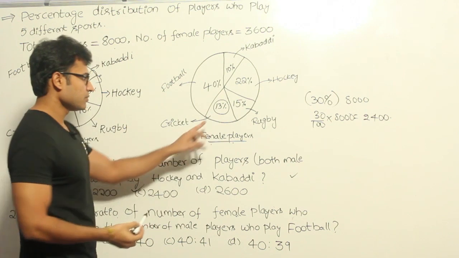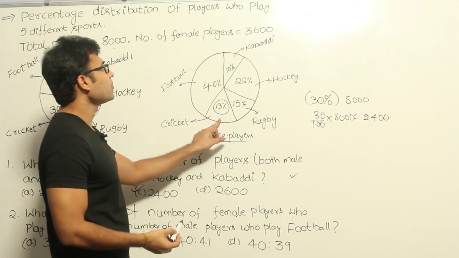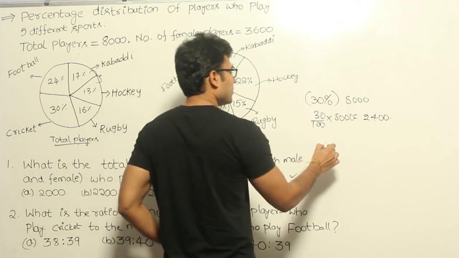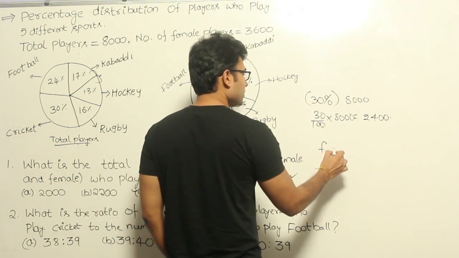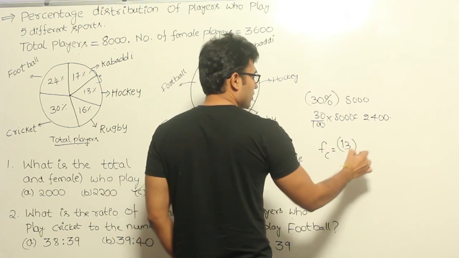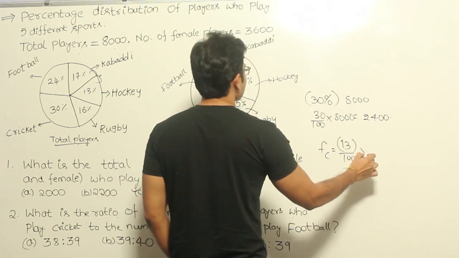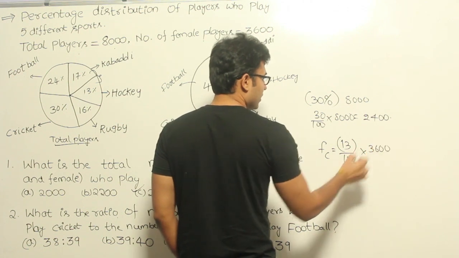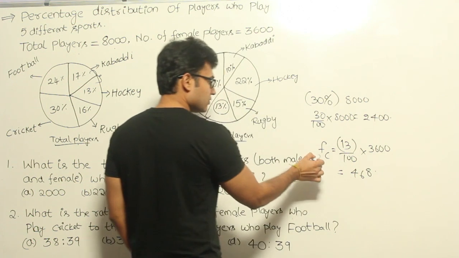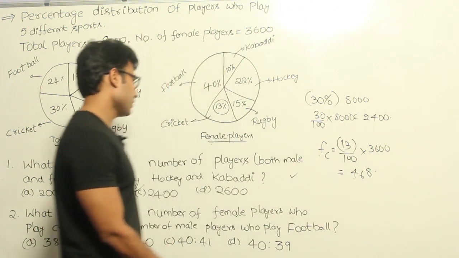It is given that 13% of them are playing cricket. Out of how many? Out of 3600. Therefore, the number of female players who are playing cricket is 13 by 100 of 3600, right? So this is going to be 468. So this is the number of female players who are playing cricket.